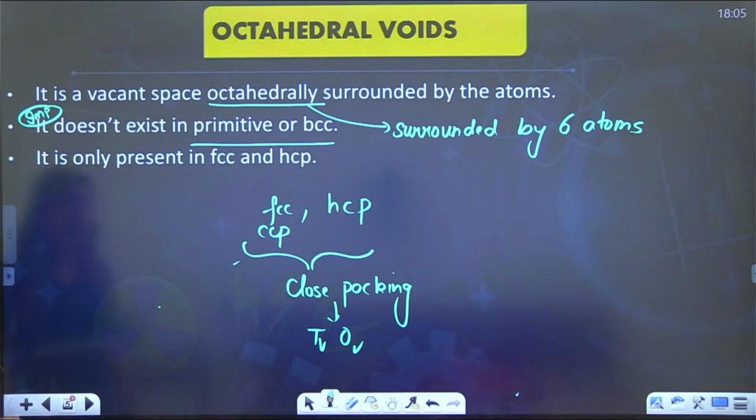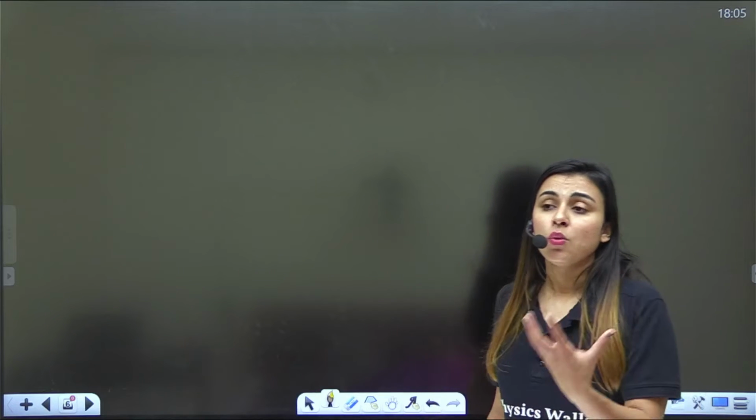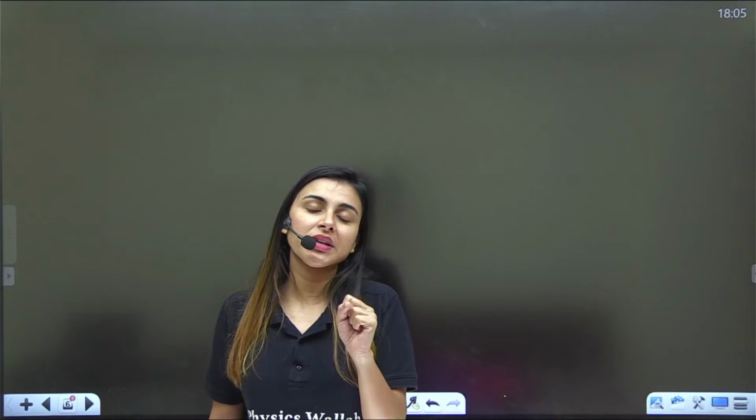Okay, so now my dear students, let's try to understand what an octahedral void would look like. I told you that an octahedral void is a void made up of 6 atoms. Now atoms are solid spheres, as we considered initially.